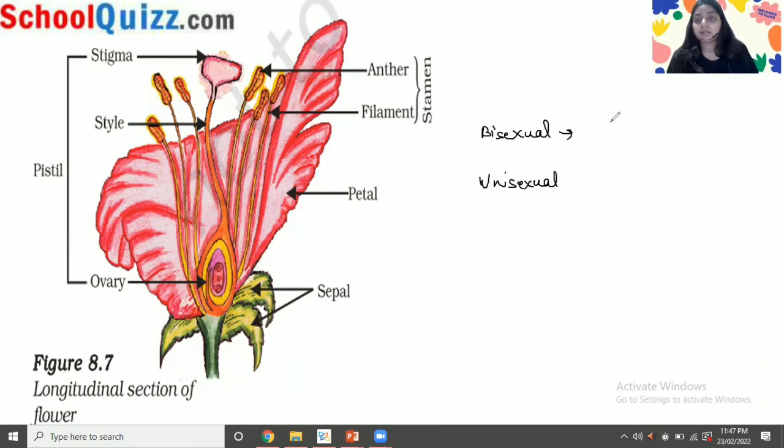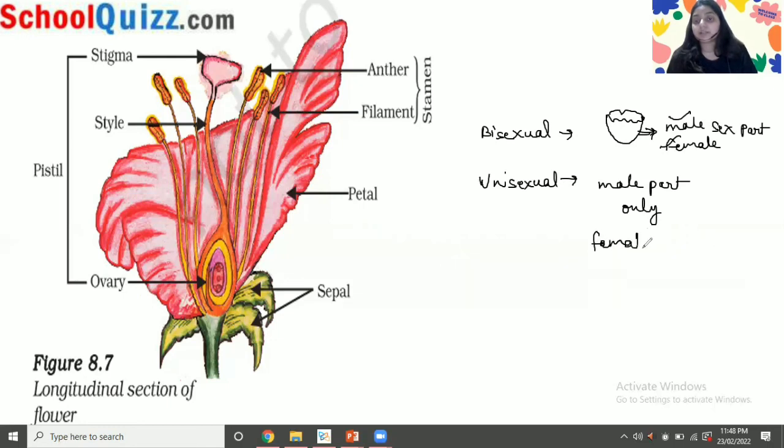Bisexual means in a flower, because the flower is the reproductive part, there are both male and female sex parts. But in a unisexual flower there can be only a male part, or only a female part.